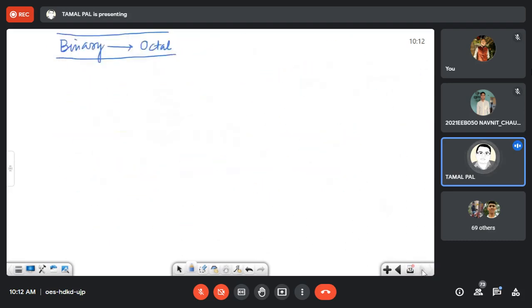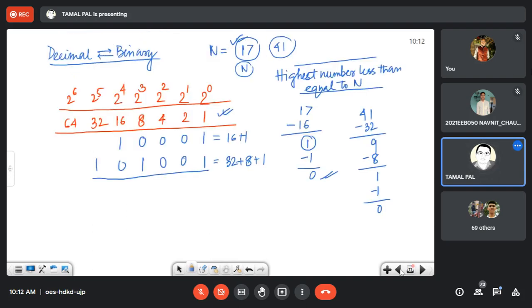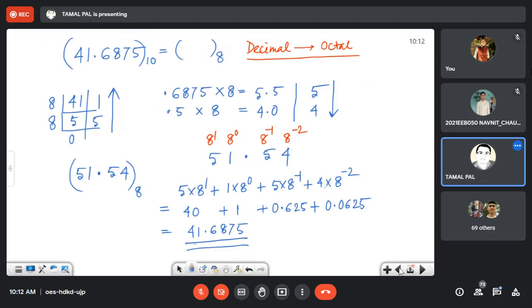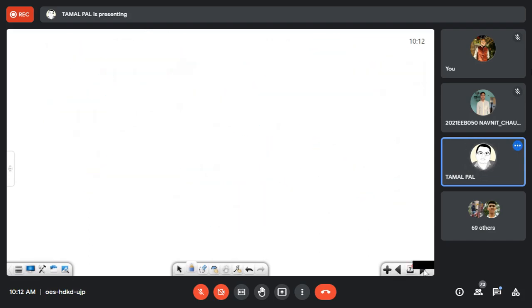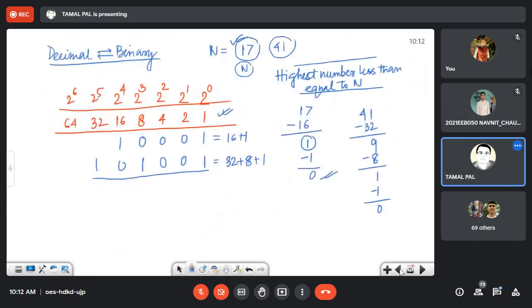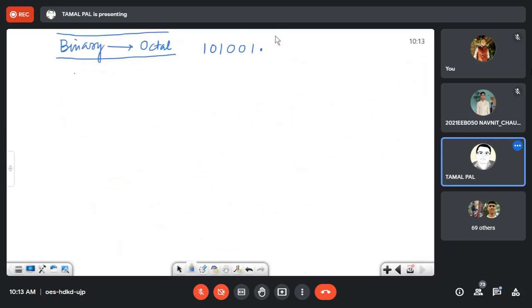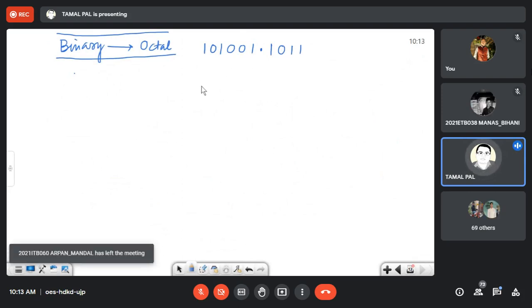This is 41. 101001 point. What is 68.75? I think it is 1011. So this I am supposed to convert directly into octal.